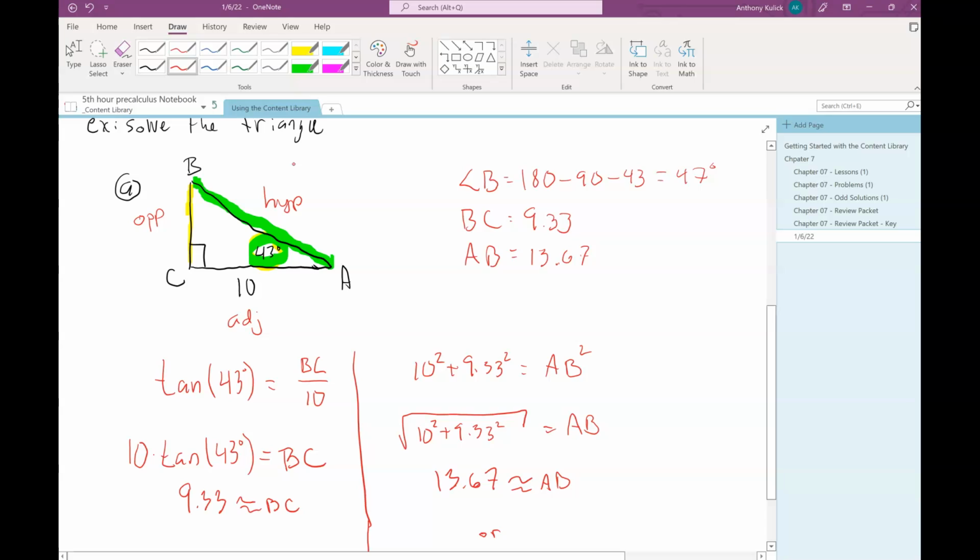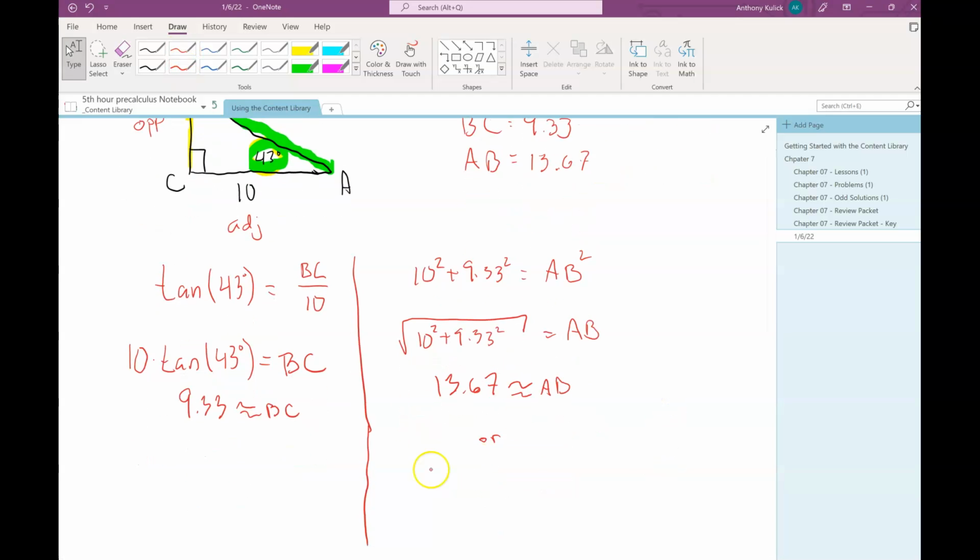So I could say that here I'm looking for the hypotenuse, and I know the adjacent, so I would want to use cosine. Is everybody okay with that setup?